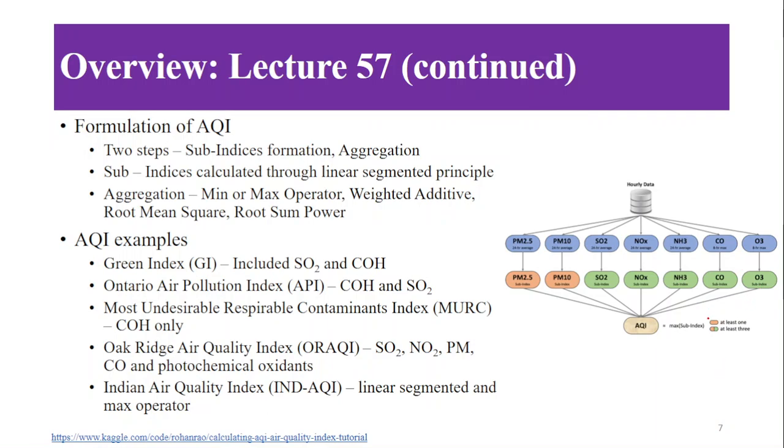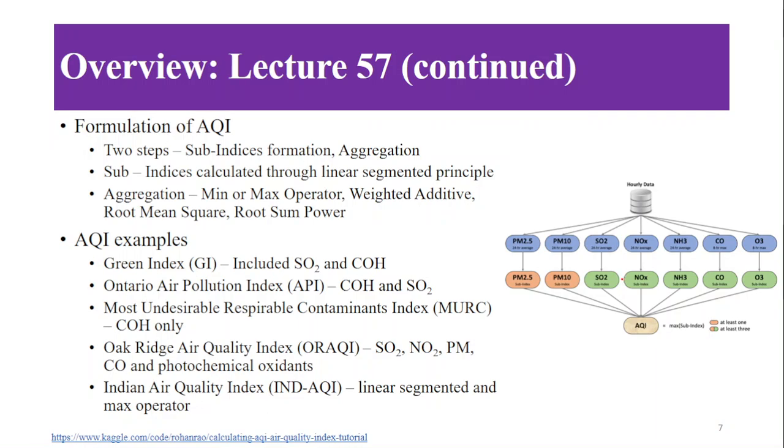Here, as the color coding shows, at least one of these pollutants should be there to calculate the AQI, and the green and orange color coding shows that at least three should be present. So at least three pollutants should be considered to calculate AQI.